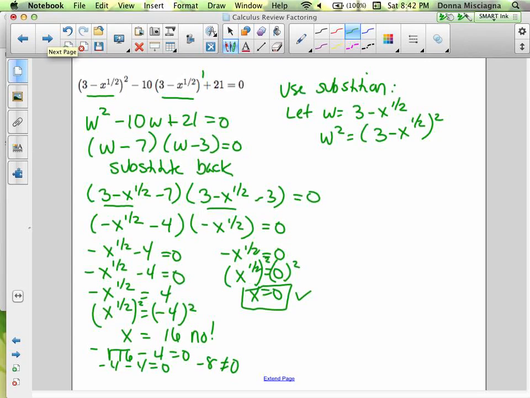And by the way, let's plug it back into the original. There's just the 0, obviously not the 4 or 16. Let's plug it back into the original and check that out. So (3 minus square root of 0) squared minus 10 times (3 minus square root of 0) plus 21 equals 0.